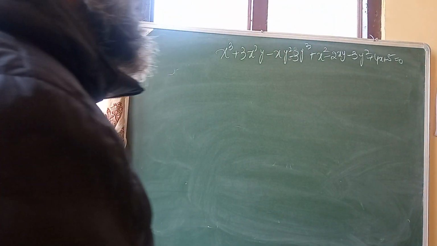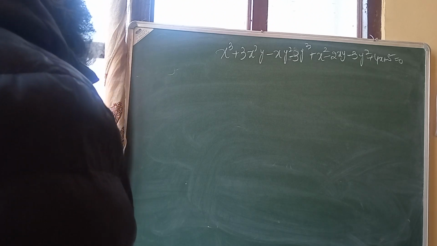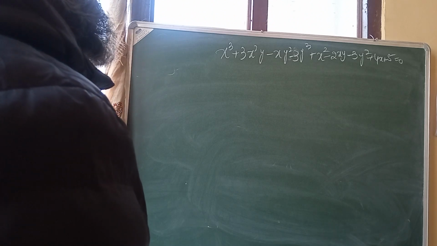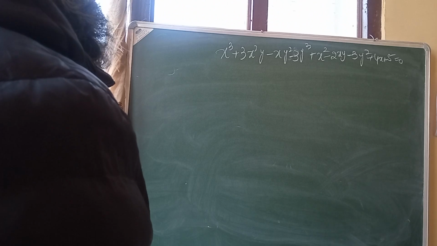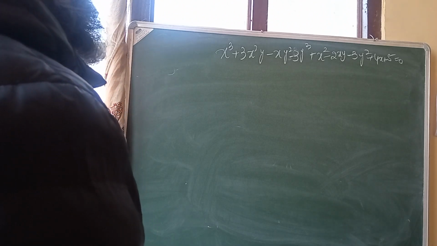That is, x cube plus 3x square y minus xy square minus 3y cube plus x square minus 2xy minus 3y square plus 4x plus 5.